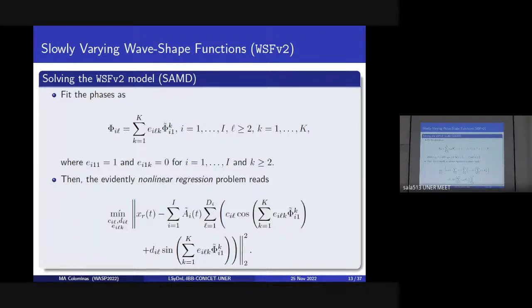So if you do that, you have this evidently nonlinear regression problem. Again, you can imagine I to be 1, D can be estimated in a reasonable way with a low error, and you will have to solve this optimization problem for C, D, and E. That's the idea. So you solve this, and you will have your reconstruction with this slowly time-varying wave shape function model.